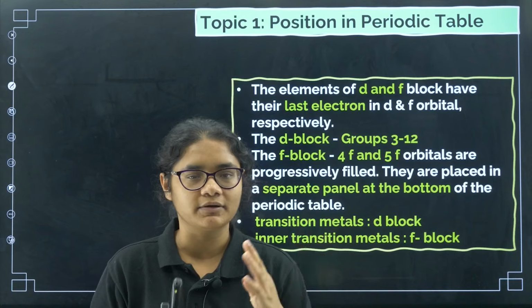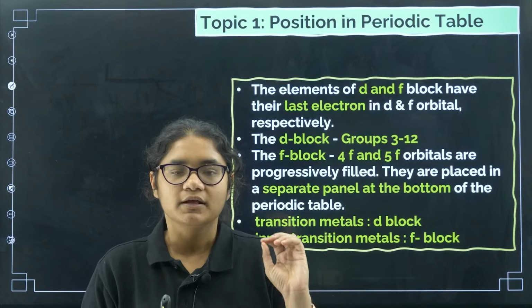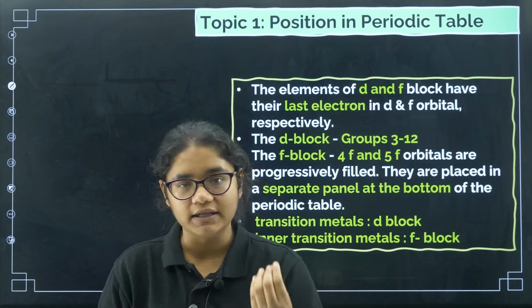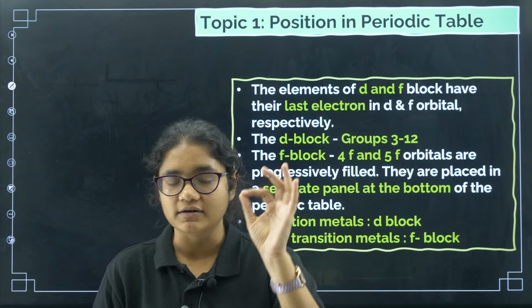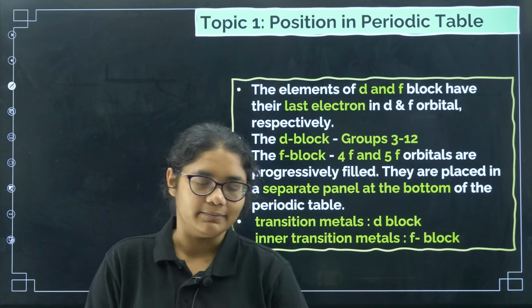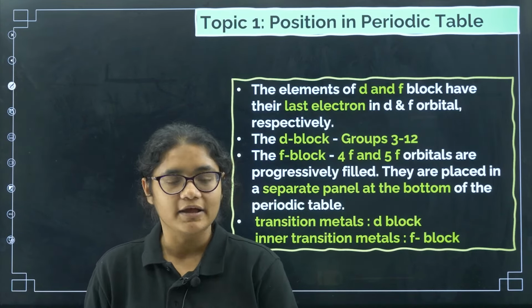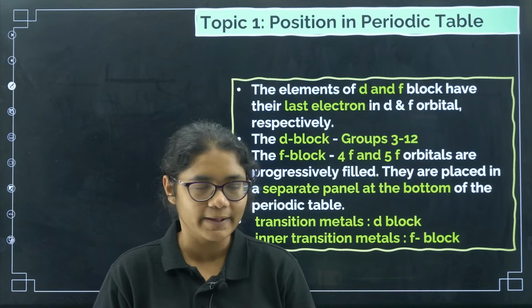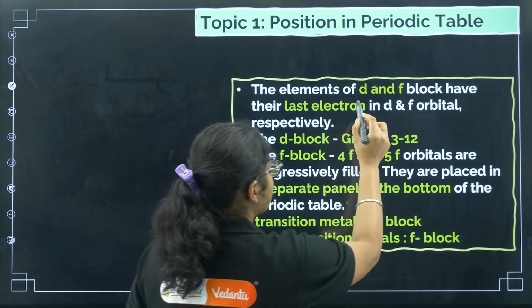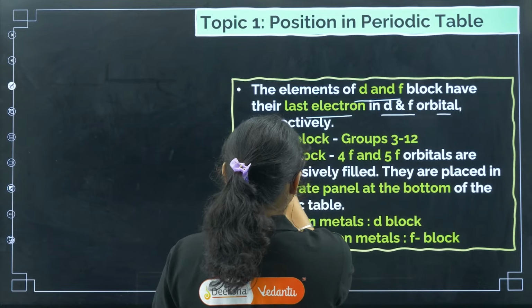In our periodic table we have S block, P block, D block, F block. If the last electron enters the D orbital, then the element is called a D block element. Similarly, if the last electron enters the F orbital, it is a part of F block. So the elements of D and F block have their last electron in the D and F orbital respectively.